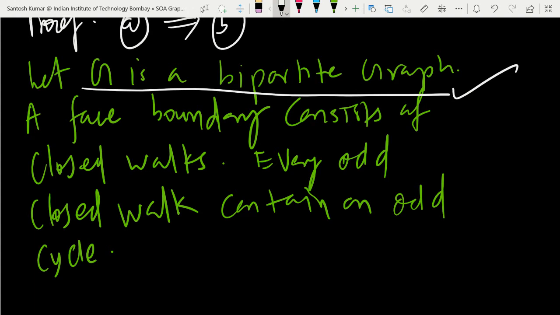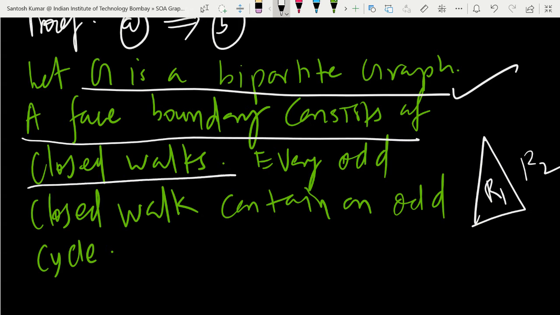Now I'm giving another statement. What do you know about a face? How do you find the regions of a graph? Suppose this is a closed path, or you say a cycle. This will divide the plane into two regions or two faces, R1 and R2. So this is what is written: a face boundary consists of a closed walk.